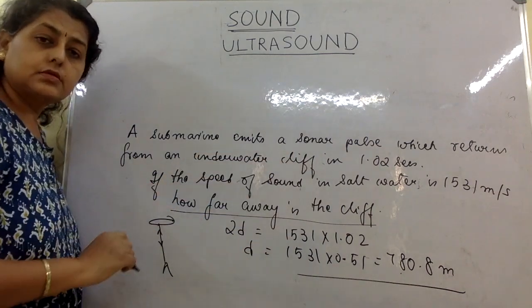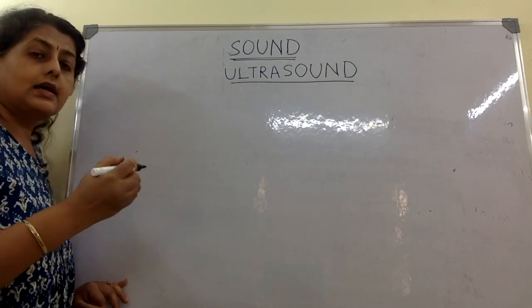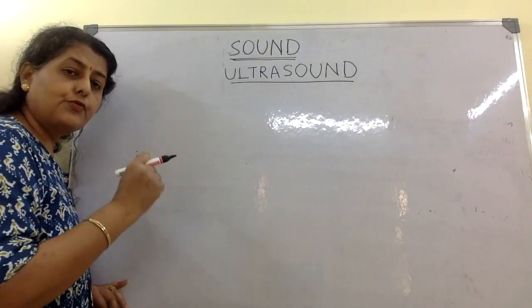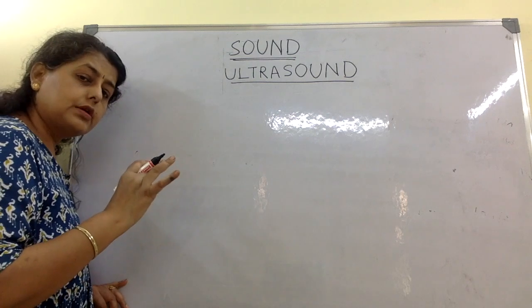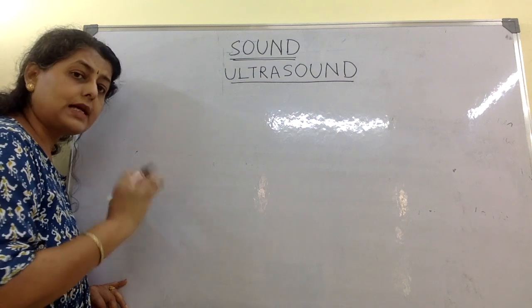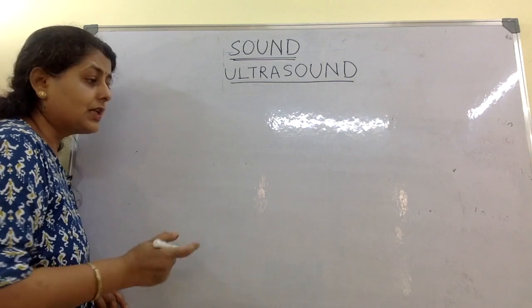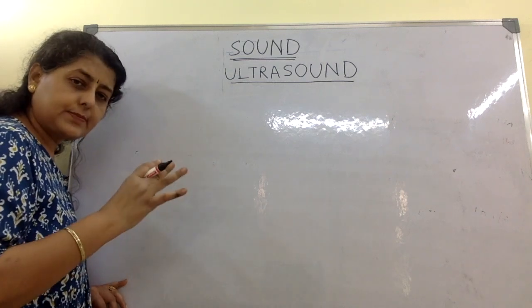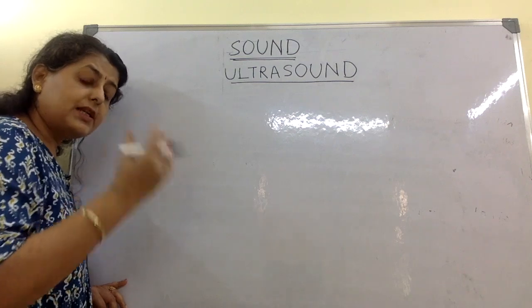Bats, as I said, is an animal which uses ultrasonic waves for its safety. It is a safety mechanism for bats, and also a method by which they get their prey. Bats generally live in caves, dark places, old buildings, where there will be many walls.